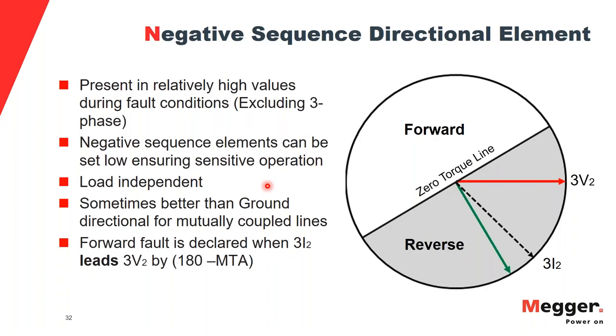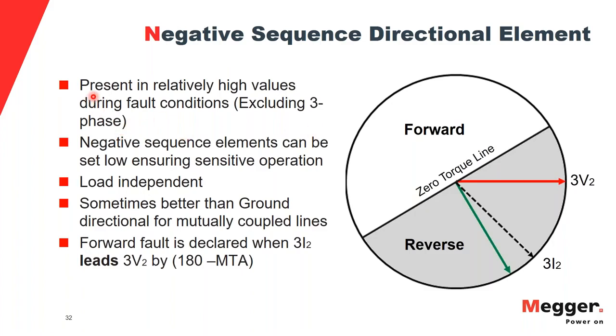So in those cases, I have pretty good magnitude of negative sequence quantities in my system, right? So I can use those negative sequence components, since negative sequence components are more sensitive compared with the phasor values. So in some cases, this negative sequence directional element can be implemented.